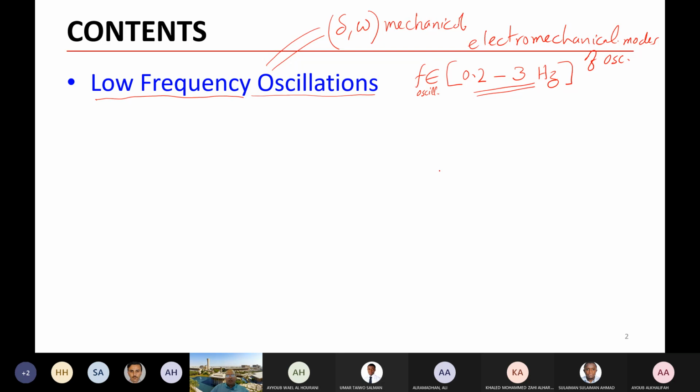And if there is not enough damping in the system, this oscillation may grow and cause system instability or system separation. And this is usually the case for an interconnected system.